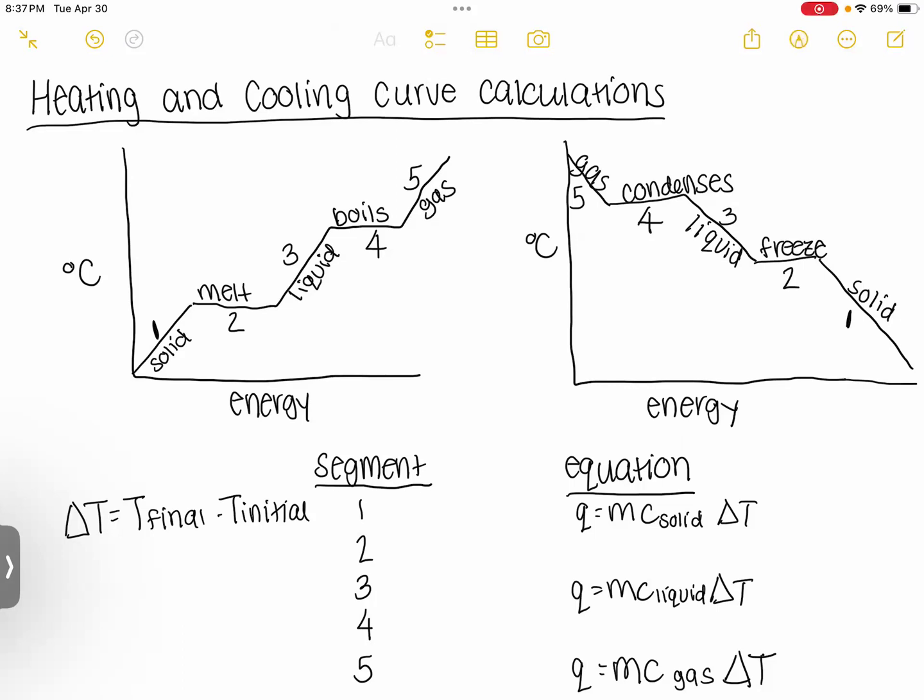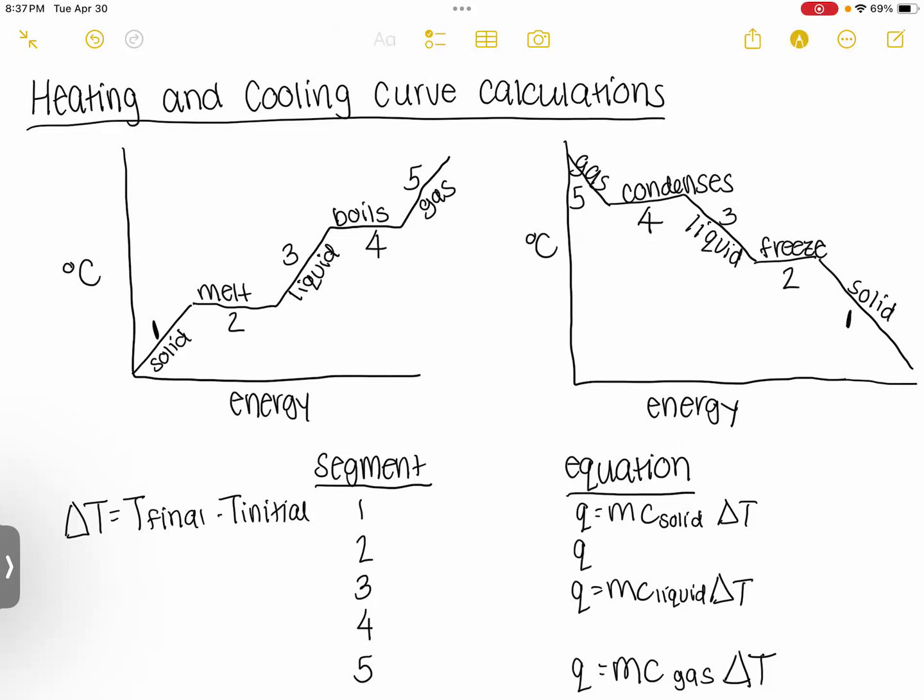If we look at segments 2 and 4, we do not have a temperature change. Those are plateaus, they're flat, no temperature change during our phase changes. So we're not going to use Q equals mc delta T because we don't have a delta T. There isn't a change in temperature.